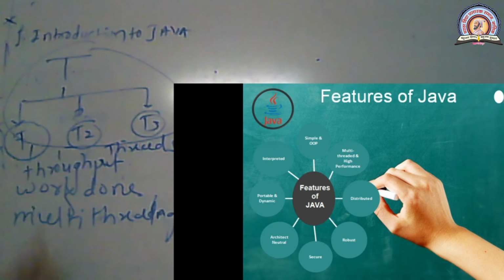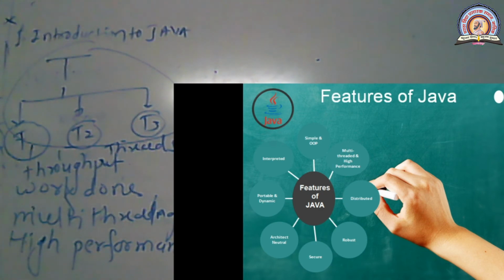So the Java language supports the multi-threading concept, and that's why it's a high performance language. It increases the performance of the system as it uses multi-threading.